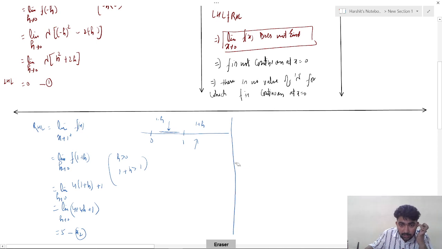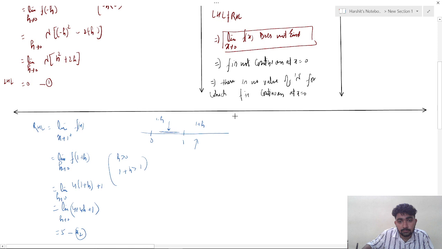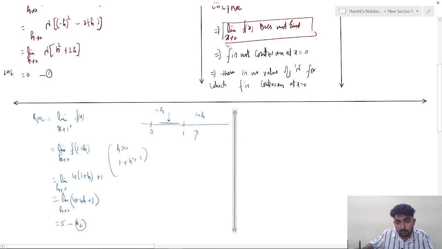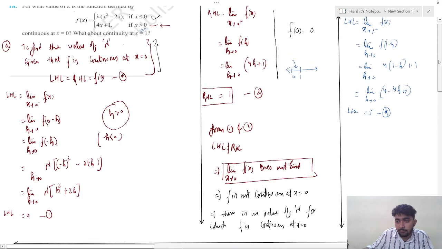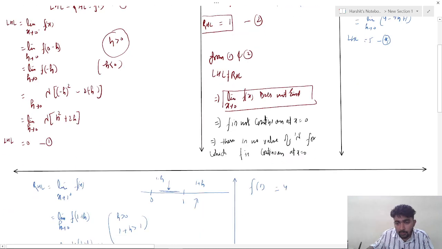Now we observe one thing. We need to find the value of f of 1. f of 1 is also on the right side of 0, so we find the value by the same rule: 4 into 1 plus 1, and its value is 5 also.